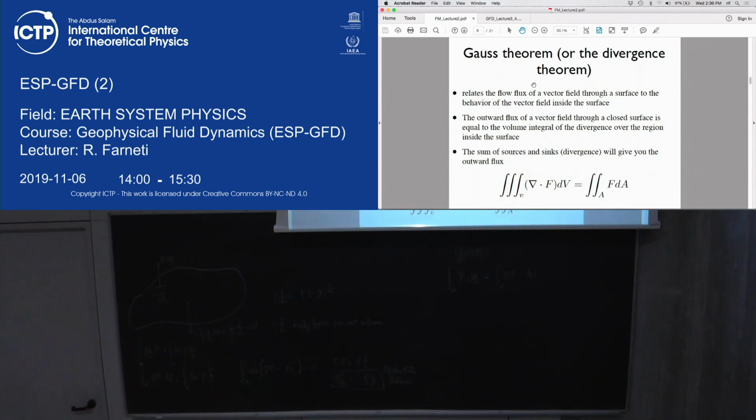So this is a lot about the pressure because you're going to see a lot of hydrostatic balances in all your courses, and we just introduced the Gauss theorem. To continue talking about pressures, now we're going to look at how we can define pressures in fluids, incompressible and compressible fluids.